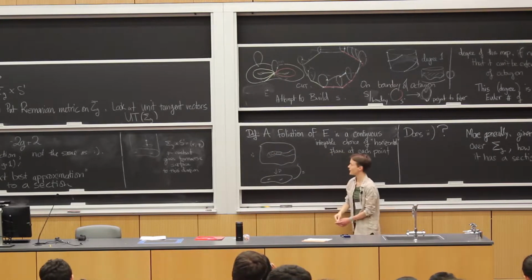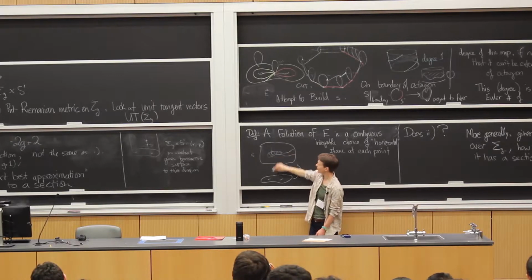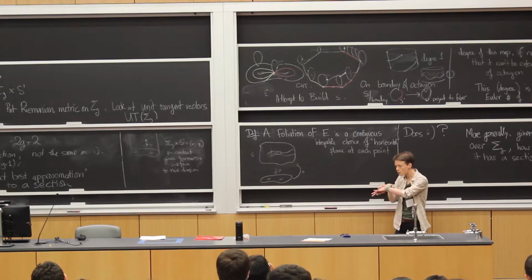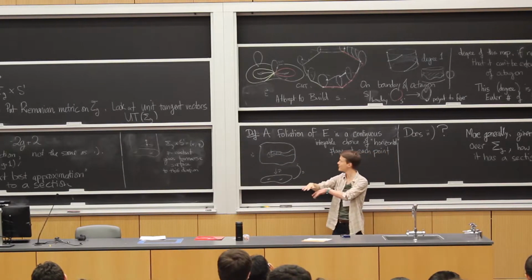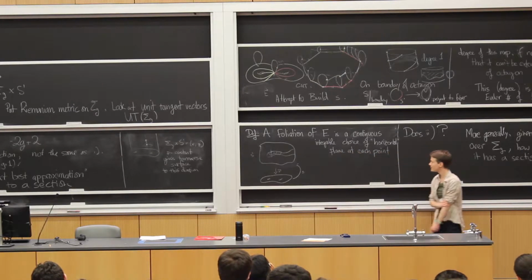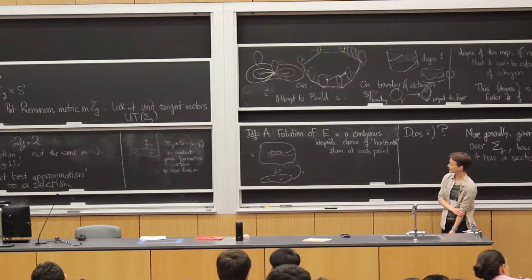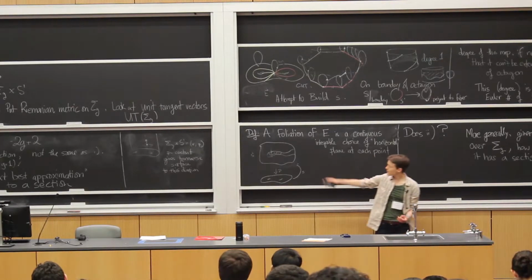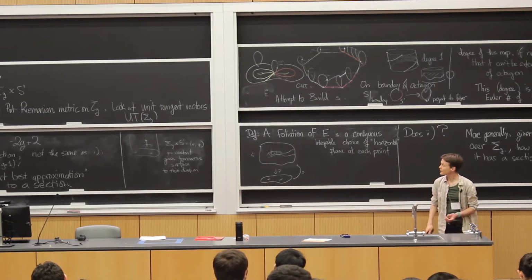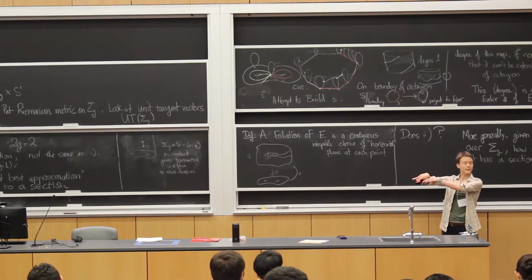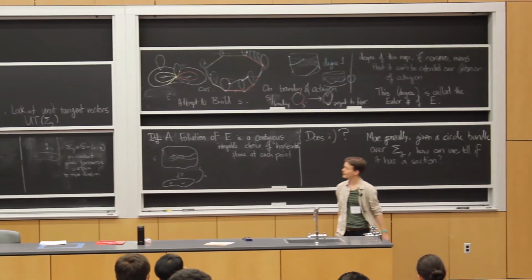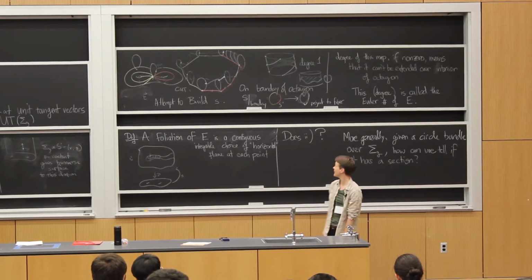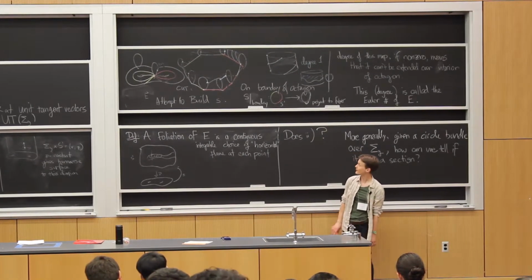So I want to say, can you pick out a horizontal direction so that you can always just keep walking along the horizontal? Okay, so this might be confusing. You're like, how can you do this without just putting a surface in there? Let me show you how to do this on the unit tangent bundle, and maybe that will illustrate what this looks like.